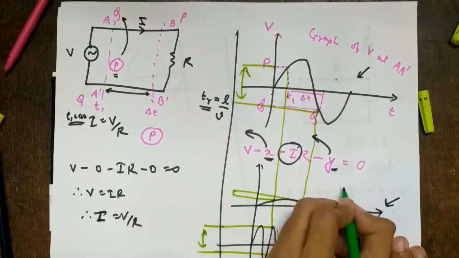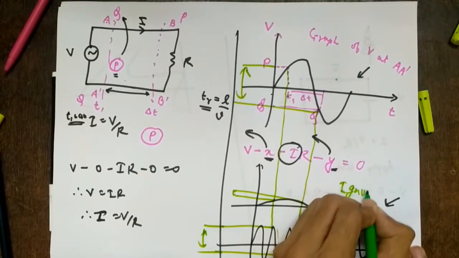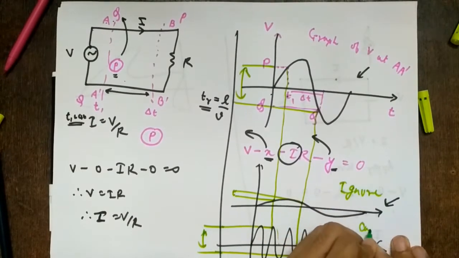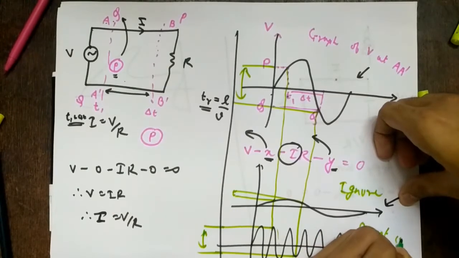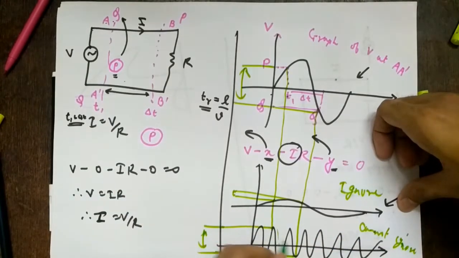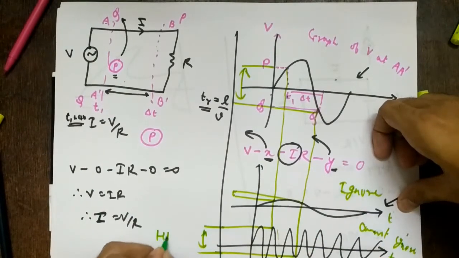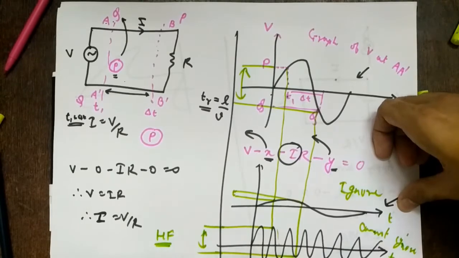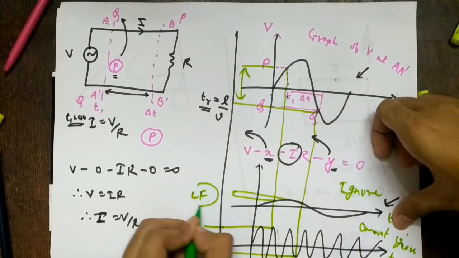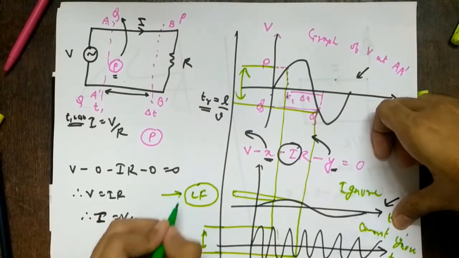For this signal, I can ignore it. For this, you cannot ignore it. So this is the time axis, and which signal is this? A high frequency signal. And this is a low frequency signal. That means for low frequency signals, I can ignore the effect.